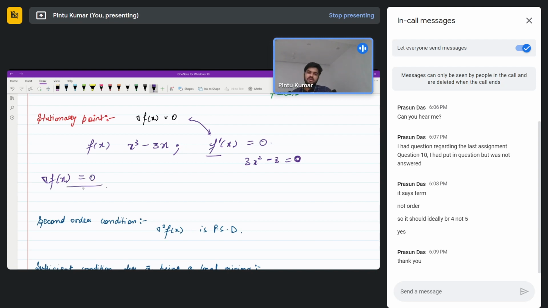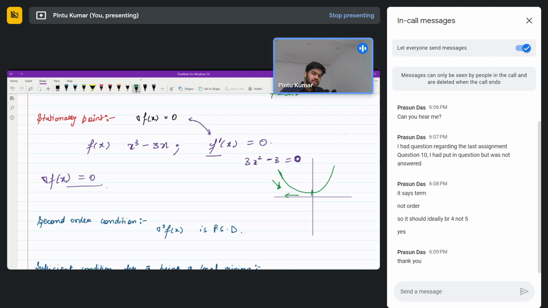So intuitively, if you look at it graphically, when do you have a stationary point? If you look at this point, to the left of it your function is decreasing, right?